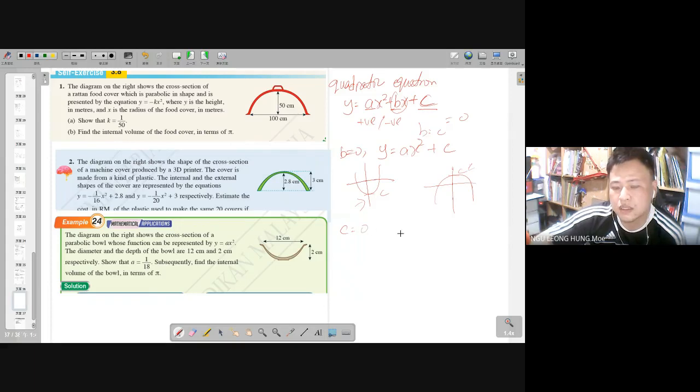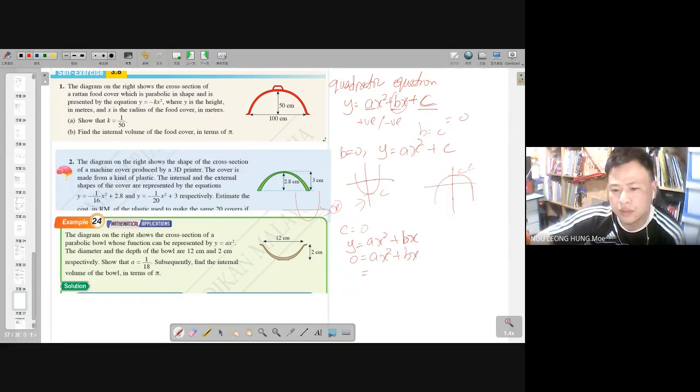Okay, if c is 0 but b has value, so the equation will be y equal to ax squared plus bx, which means, okay, if y equal to 0, that means at the x-axis, something happened at the x-axis. So ax squared plus bx.